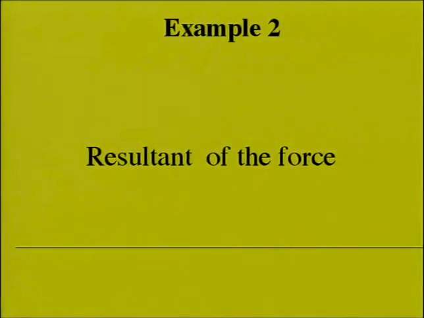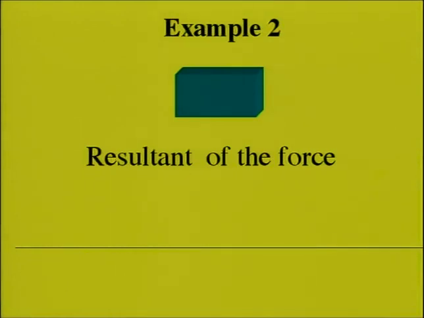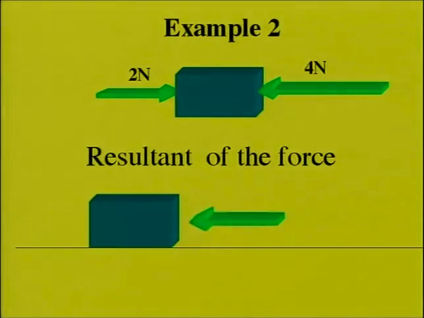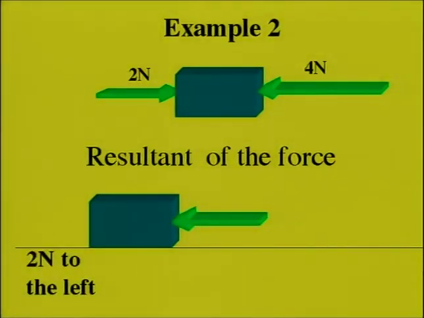Let's say this is a block of metal. If 4 newtons is applied in that direction, and another 2 newtons is applied in the opposite direction, what would be the resultant of the force? 2 newtons to the left.